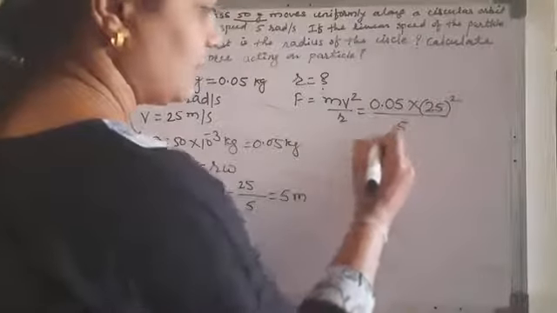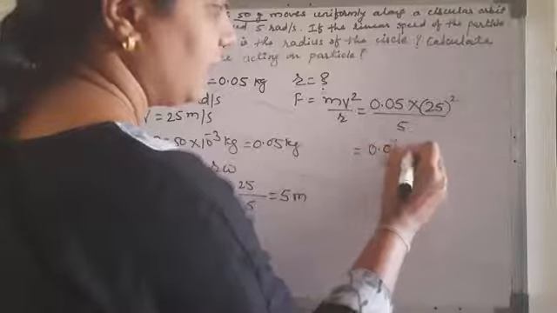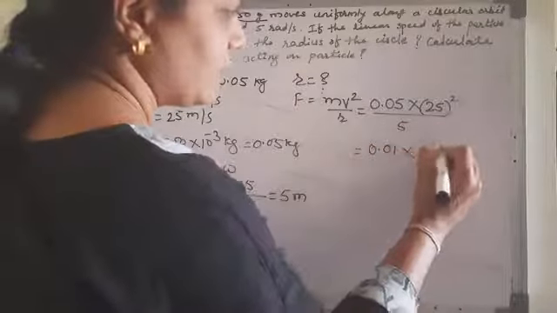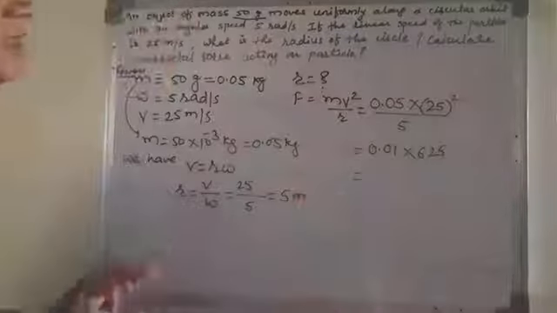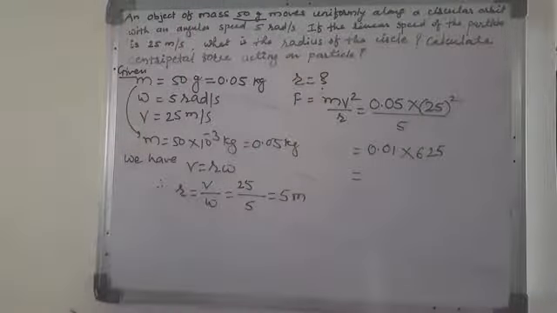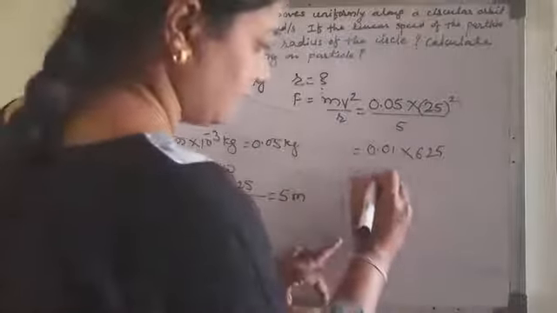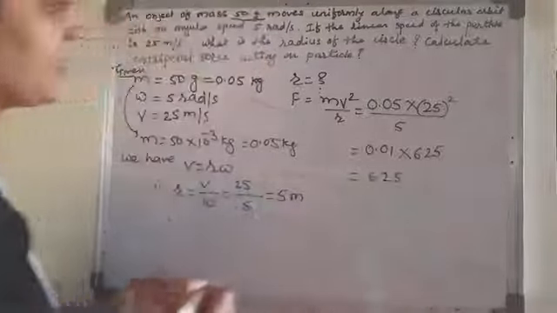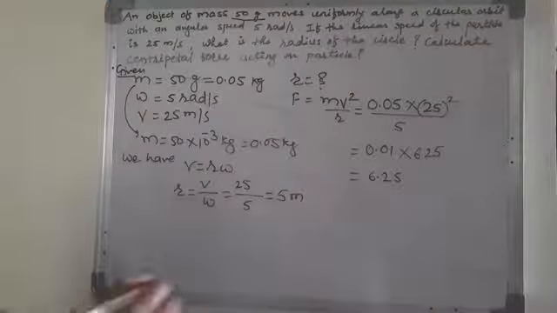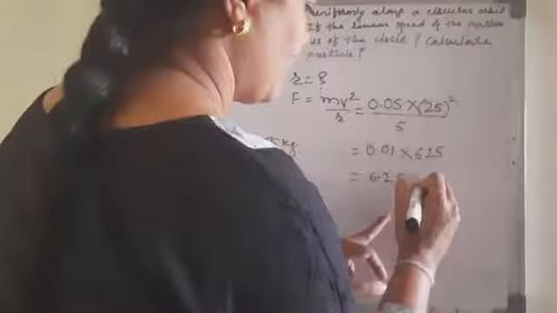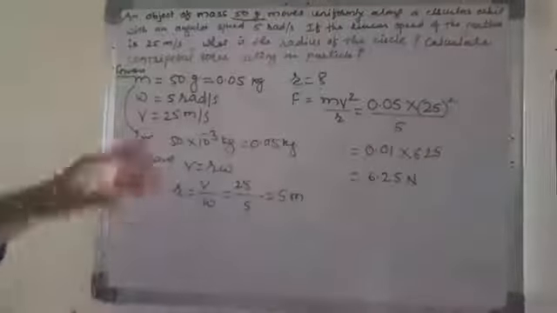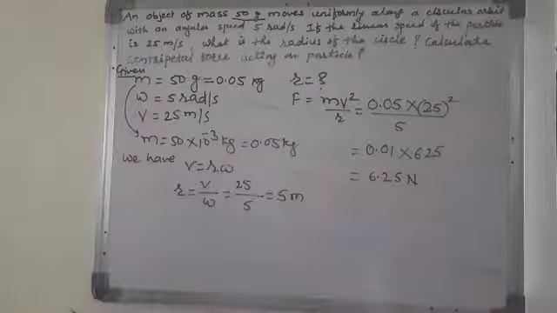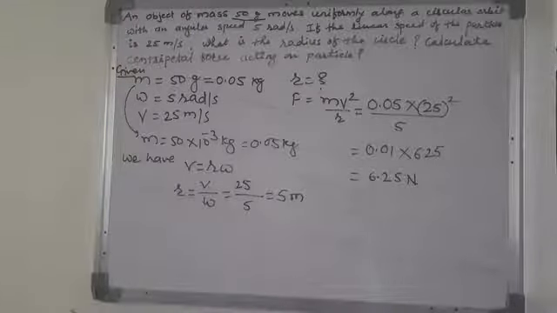So this is 0.01 into 625, since 25 square is 625. What answer do we get? That is 6.25 Newton. So the radius of the circle is 5 meter and the centripetal force acting on the particle is 6.25 Newton.